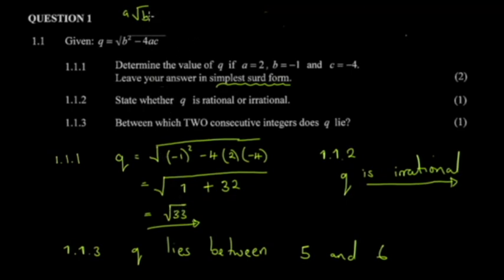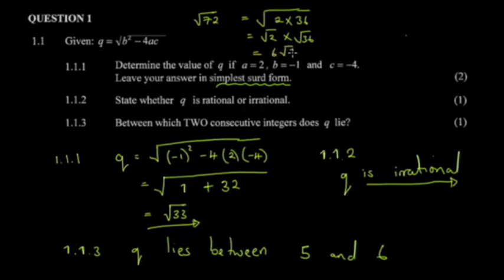But then if it were, say, square root of 72, I'm just telling you in passing, but I'll actually do a dedicated video on this. You'd realize that this is square root of 2 times 36. Okay, this is equal to square root of 2 times square root of 36, of which square root of 36 we know is 6, so 6 square root of 2.